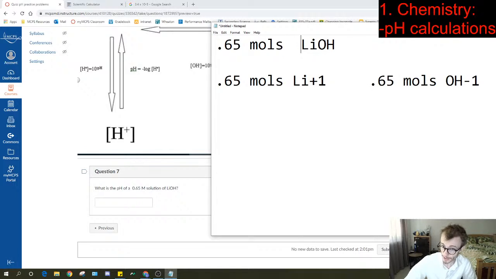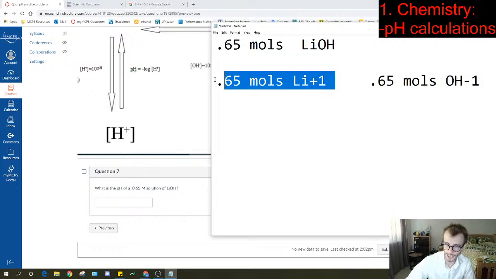When that breaks apart, every 1 mole of this contains 1 mole of lithium and 1 mole of hydroxide. So it's like I'm getting 2 for the price of 1, basically, because I'm splitting apart something that was bigger into smaller pieces. So I don't care about this part. Lithium doesn't do anything to the pH. There's no OHs, there's no Hs, it's just a random ion.